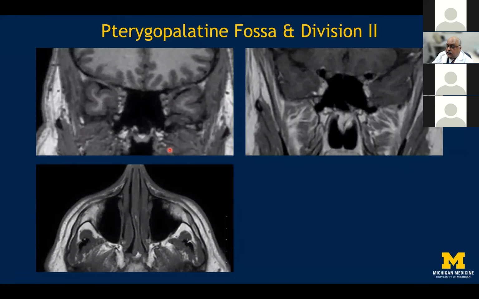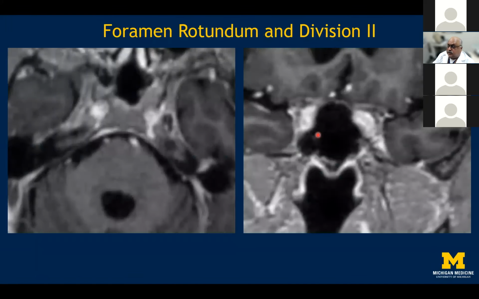So here are the images of how the nerves look in the foramen rotundum and in the Vidian canal, and you can see that in the pre-contrast and post-contrast images, there is only very little enhancement in the perineural region, as opposed to the more thick and prominent enhancement which we will see later when these are involved in pathologies.